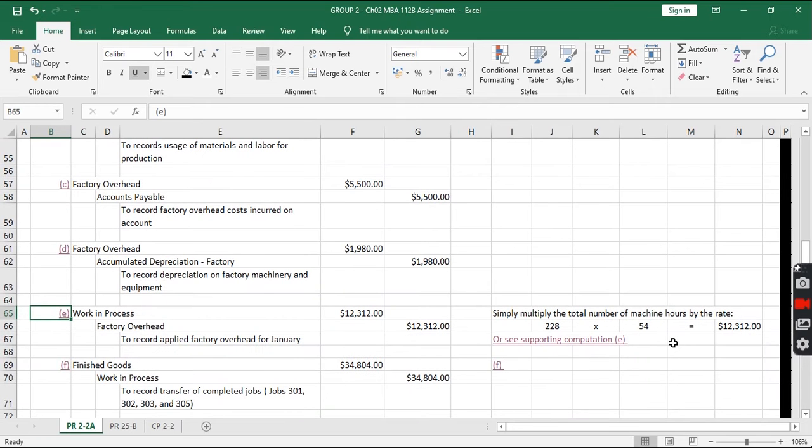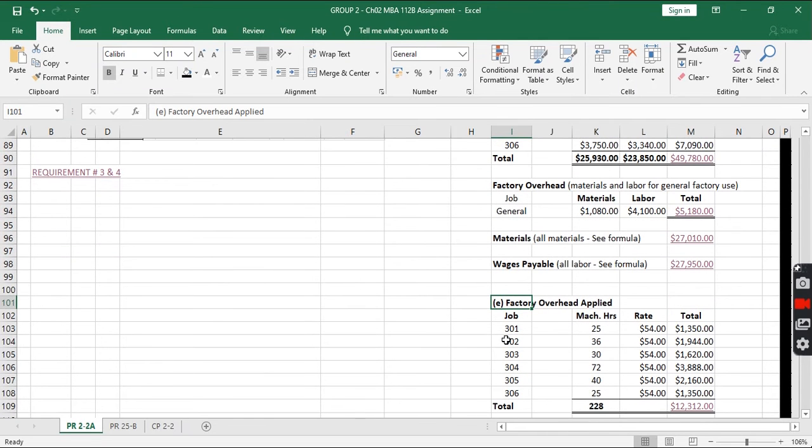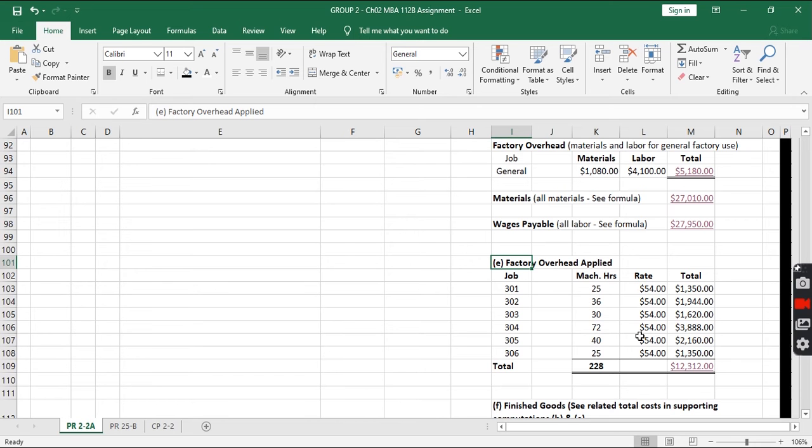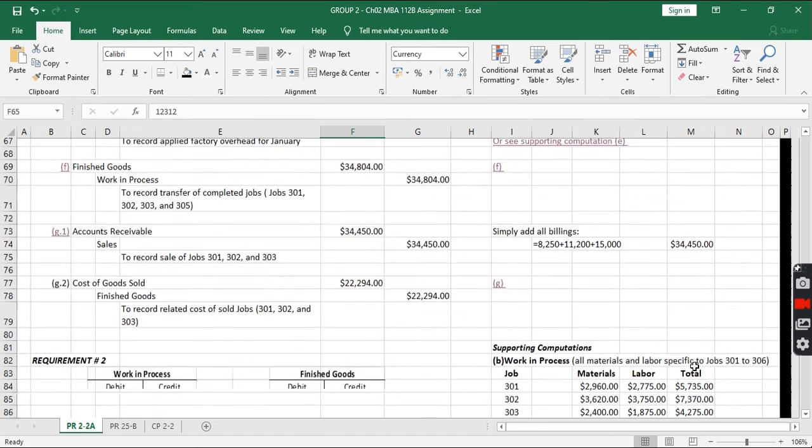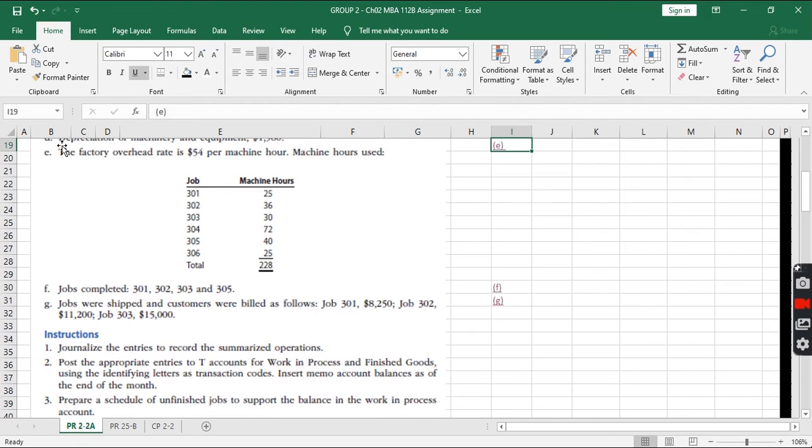But if you want a more detailed calculation, we can see it through here. So our factory overhead applied per job should be this one, totaling $12,312.